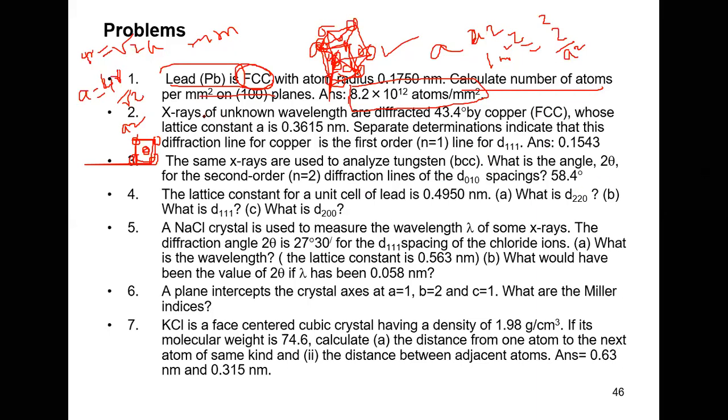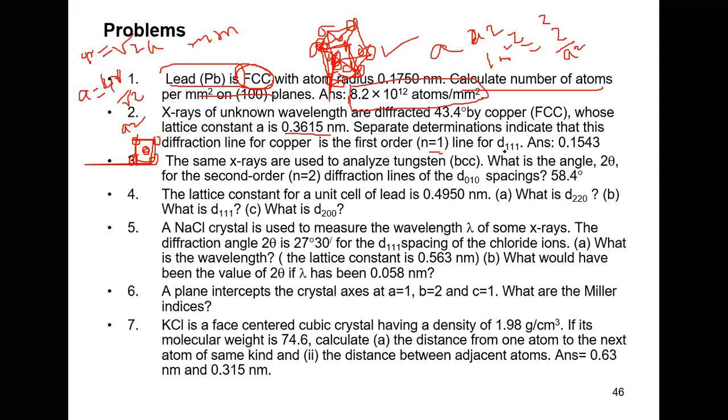Okay, number 2. X-rays of unknown wavelength are diffracted at this angle, with lattice constant a given. And separate determination indicates that this diffraction line for copper is the first order, n equal to 1.